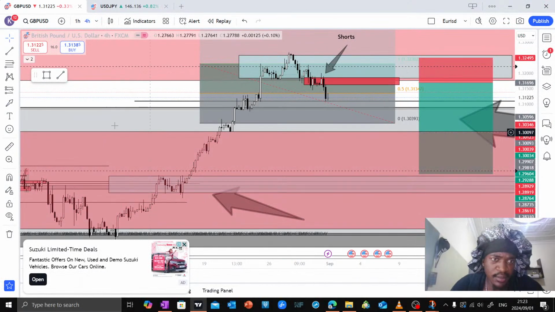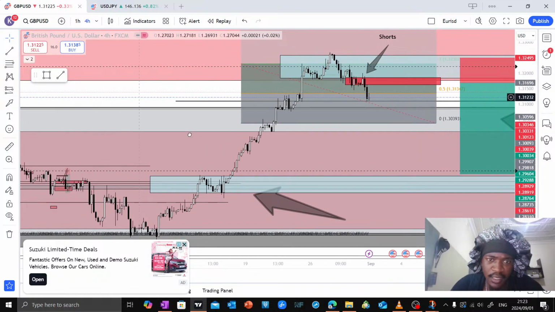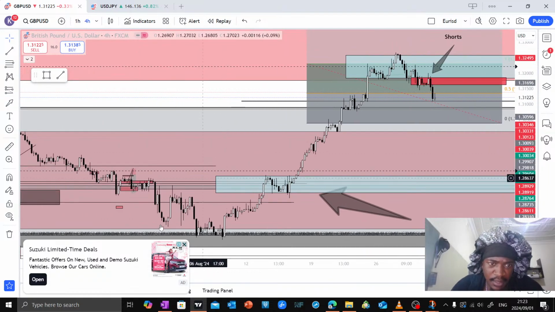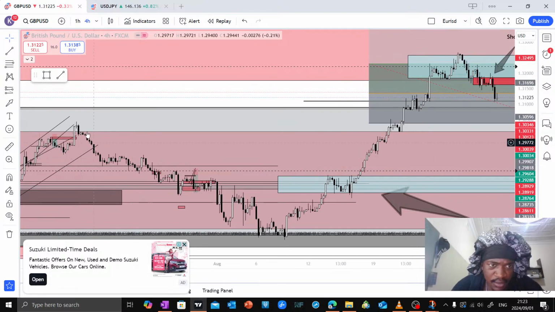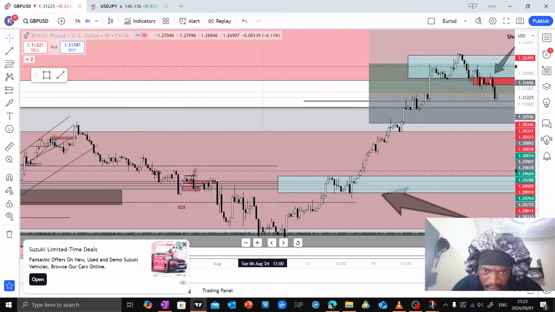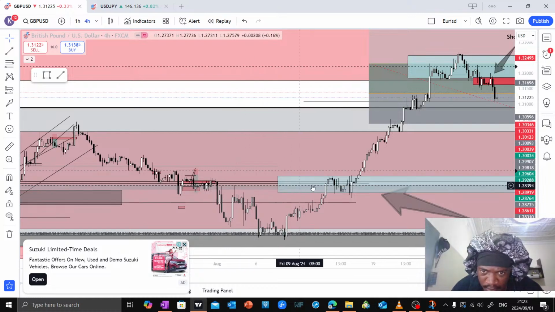Before I screenshot it, on the 4 hour, you can clearly see how the market took out this low, but the first change in character happened when we took out these highs right here.